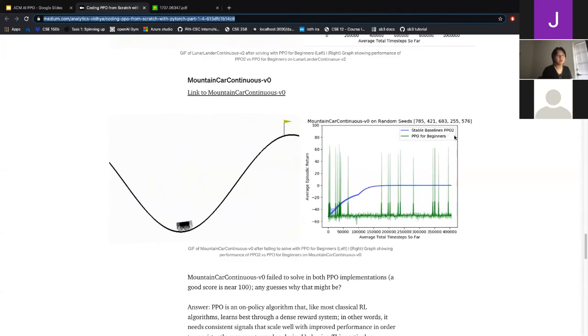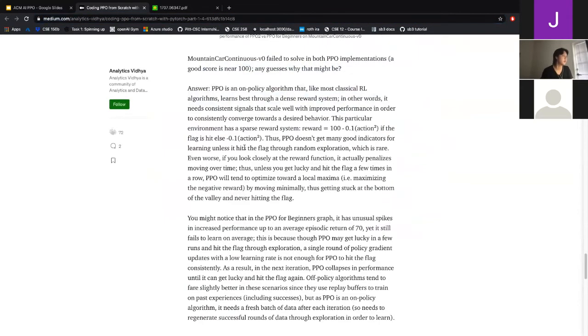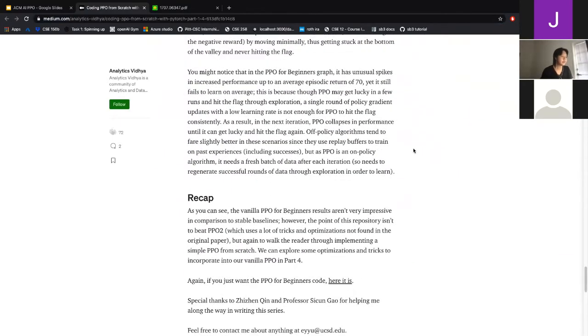We can talk a little bit more about that in the discussion, but that was as expected. PPO does have its limitations, and that's why in deep reinforcement learning, we always have many, many different algorithms, because each one has its pros and cons.